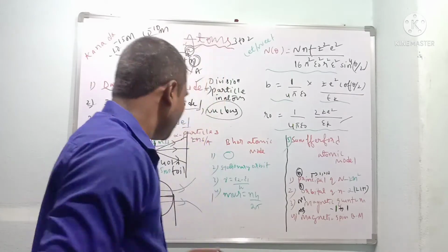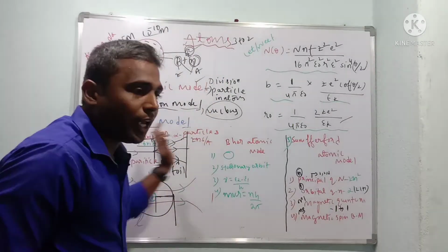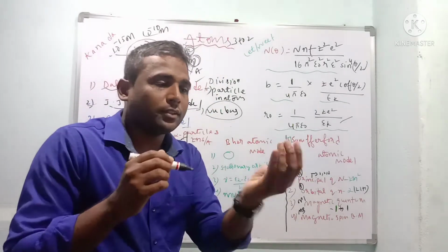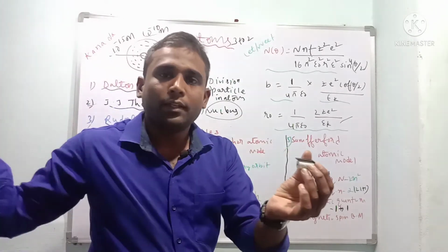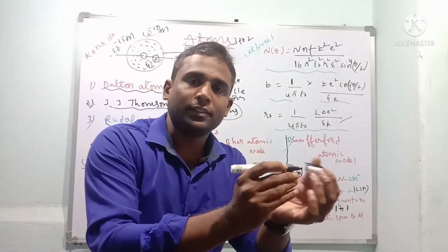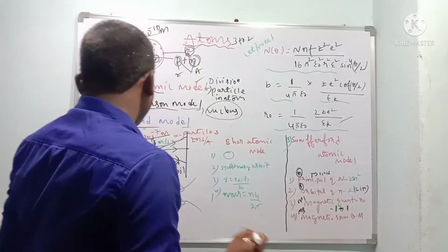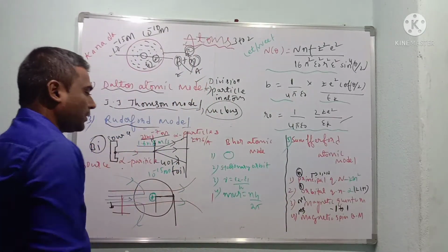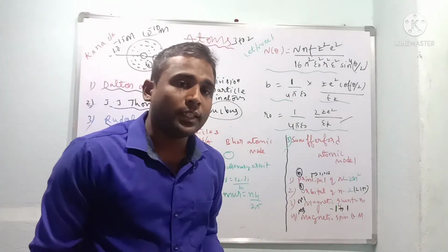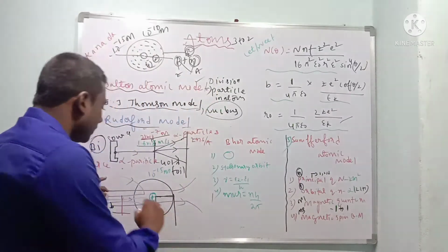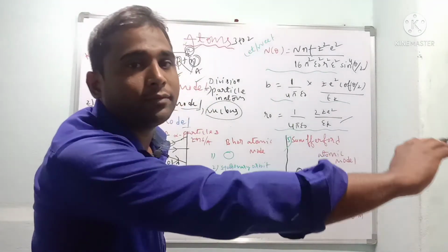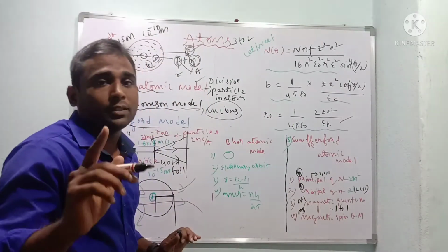What happened? He passed a number of alpha particles, meaning this is the atom. Now alpha particles are incident on this from the radioactive source, that is we are using a radioactive source such as bismuth. So he found that the alpha particles were moving through the atom. Very very important observation.